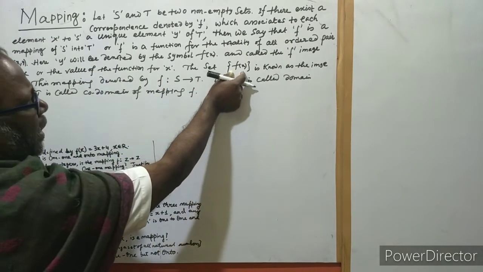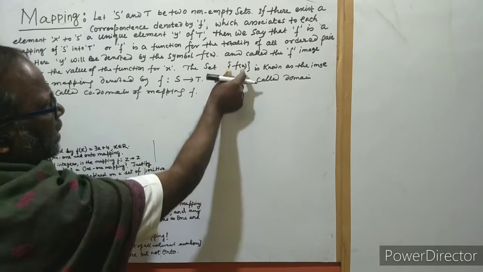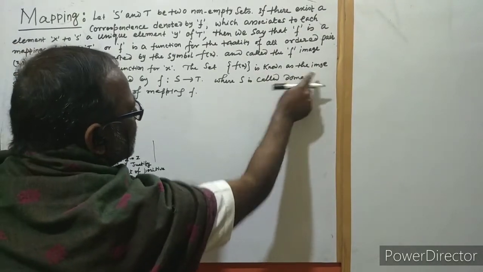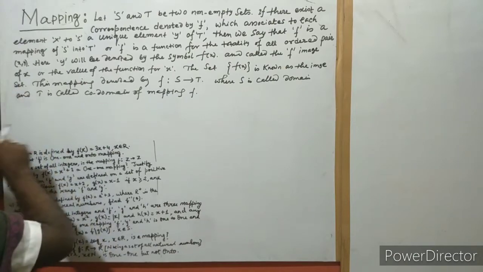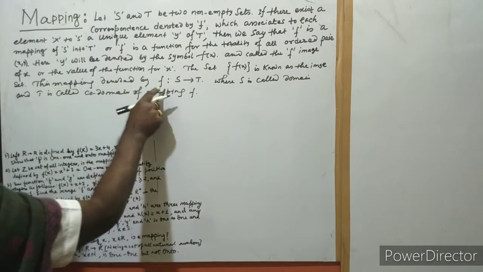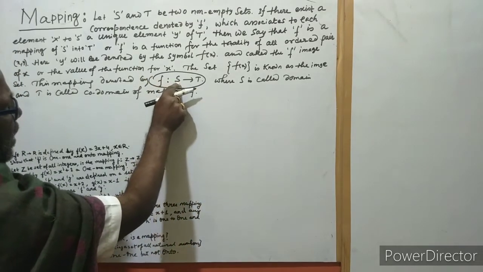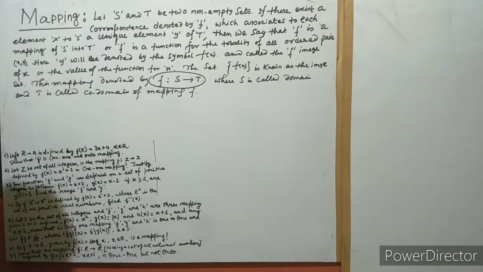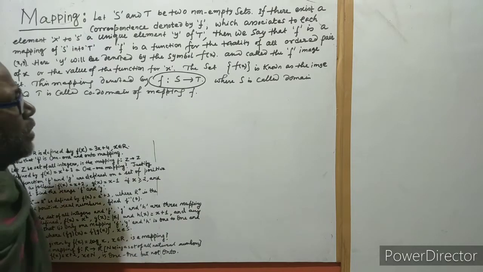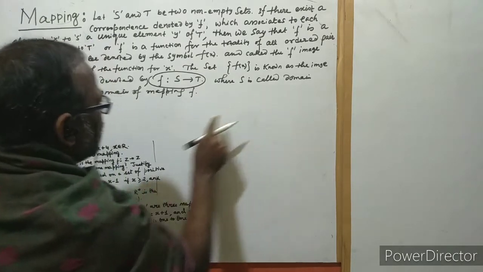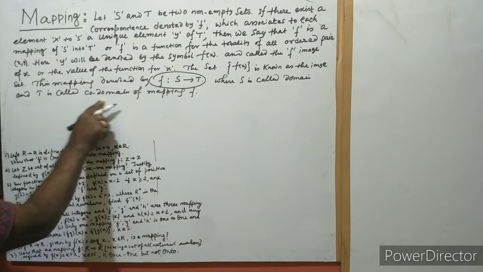The collection of y, that is f of x, is known as the image set. This mapping is denoted by f such that S to T. This is called S maps to T, where S is called the domain and T is called the codomain of the mapping.